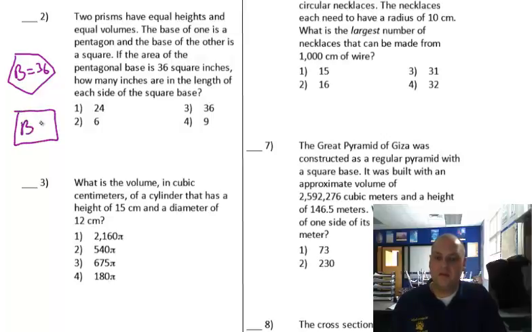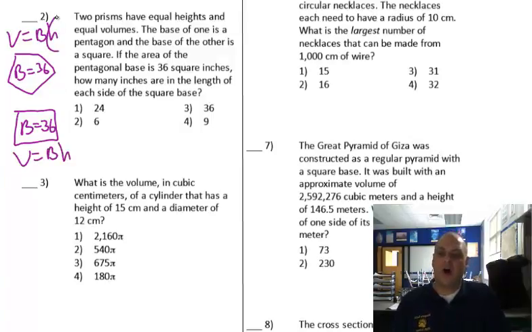So if the heights and the volumes are both equal, that means the base areas must be equal. If the volumes and the heights are equal for two prisms, the base areas must also be equal. Why? Because volume equals base area times height. If the heights are equal and the volumes are equal, then the capital B's have to be equal. So they're both 36.